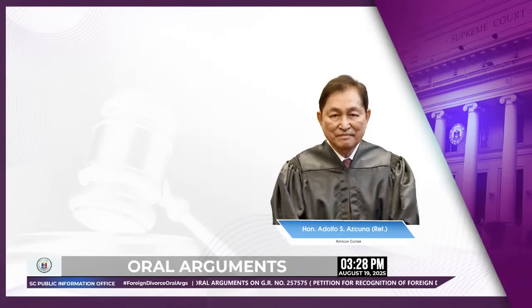The rule is two Filipinos, no divorce. But if one is Filipino, another is a foreigner, there is a possibility of recognizing the effect of the divorce by allowing the Filipino to remarry. That is Article 26, Paragraph 2.